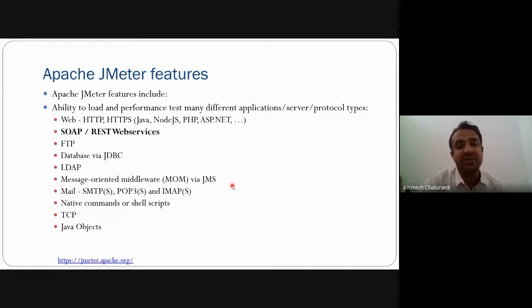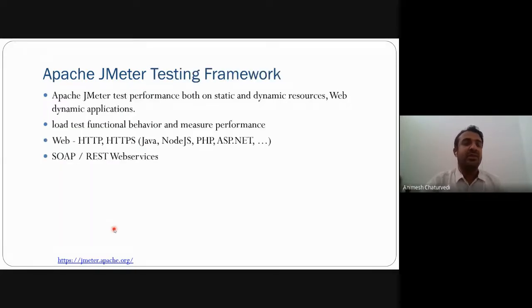It could do testing of JMS message services. You can do testing for emailing purposes, things like SMTP, POP3, and IMAP. Native command and shell script testing. TCP it could do testing. Java objects it could do testing.